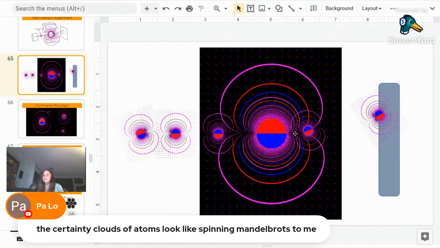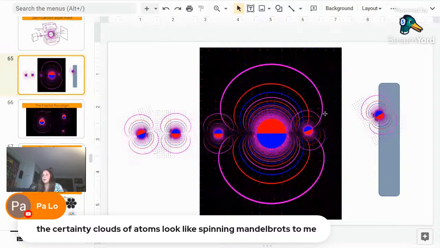These isopotentials are just another way of looking at the magnetic field. These little lines here would be like the iron filings, so they point in the correct direction according to how they would look if that was an iron filing. But there are these other lines which are exactly orthogonal to the magnetic field, just like in the Steinmetz diagram.